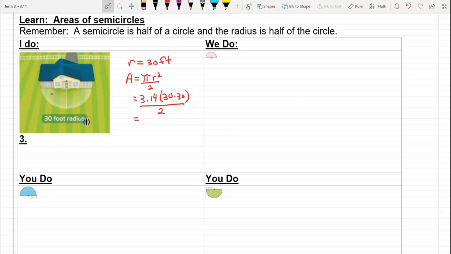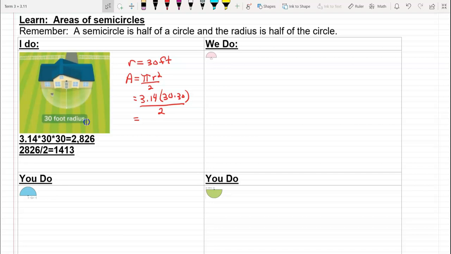So 3.14 times 30 times 30 equals 2,826. And then we'll take 2,826 and divide that by 2.